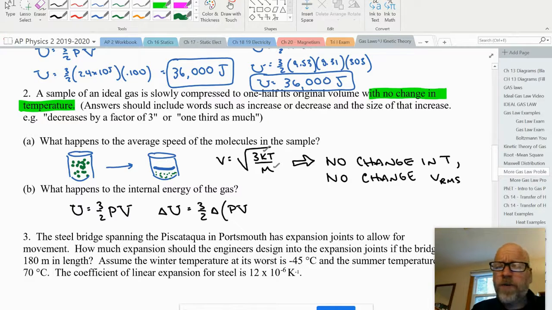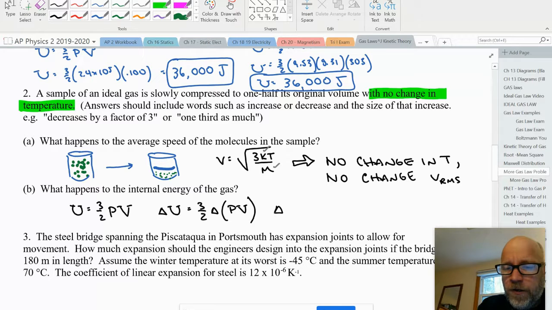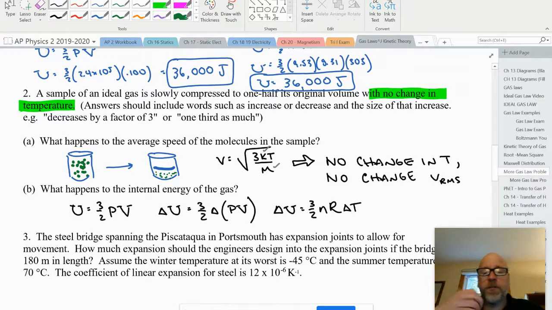Since, does it say the pressure? It doesn't say anything about the pressure. What else do I know about change in internal energy? Well, my other formulas, change in internal energy could be 3/2 nR change in temperature.